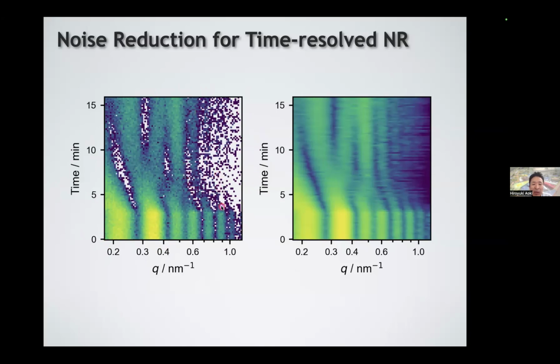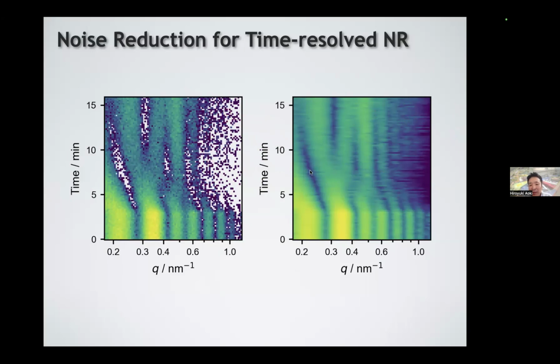So we can see quite few neutron counts in the high Q region. But by applying the DNCNN, we can see some kind of fringe pattern in this area. This indicates that the deep learning filter can reproduce the fringe pattern with quite a few neutron counts in the original data.